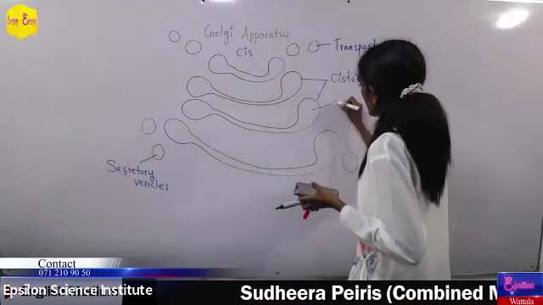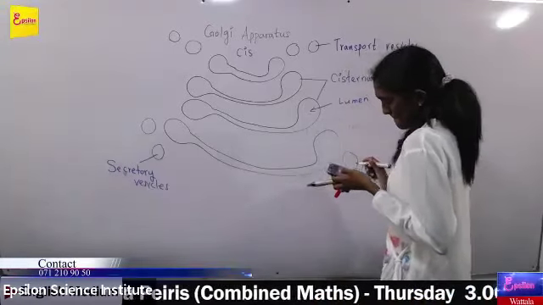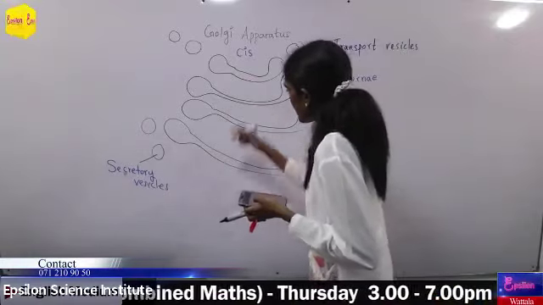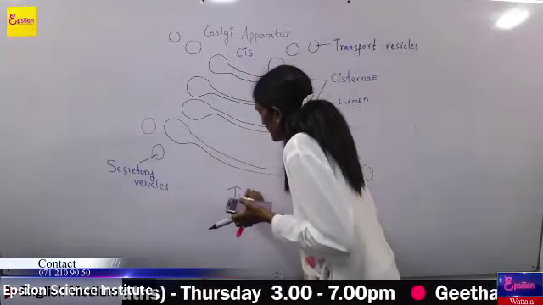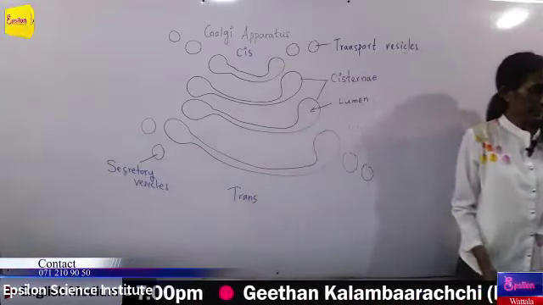And the lumen is here inside. This side, which is producing secretory vesicles, we call the trans side. Let's draw.